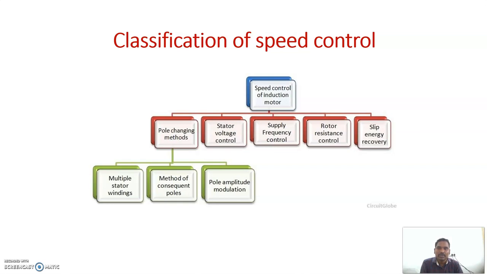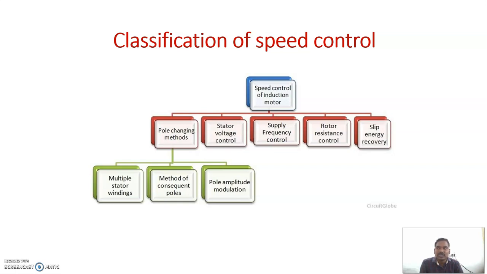When we change the stator voltage, definitely the machine speed will change, but this method normally is not efficient. Then supply frequency control: changing the frequency is also one of the parameters for changing the speed of the machine. We can do this.